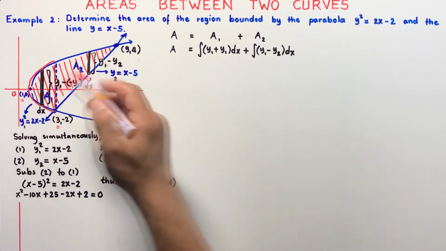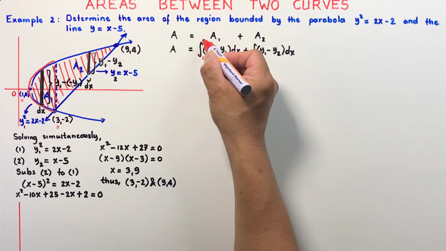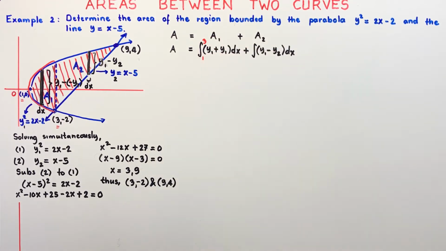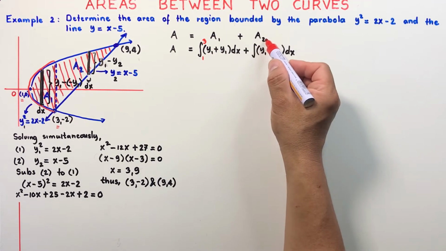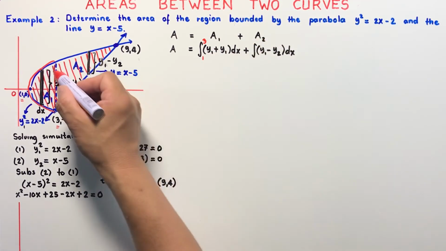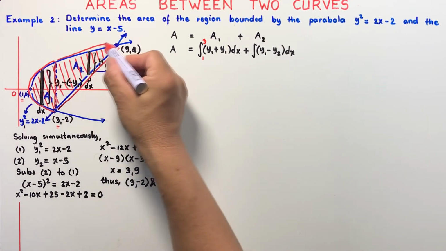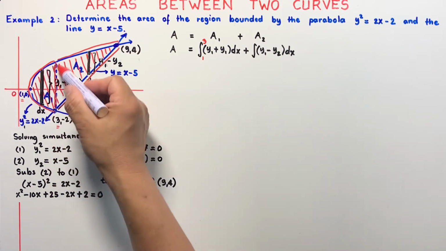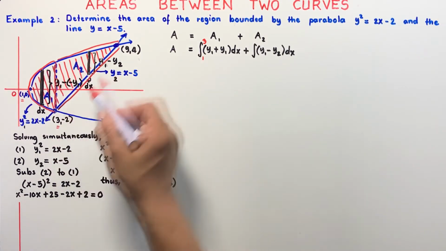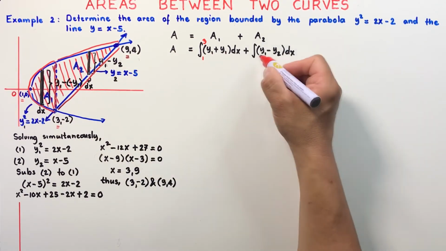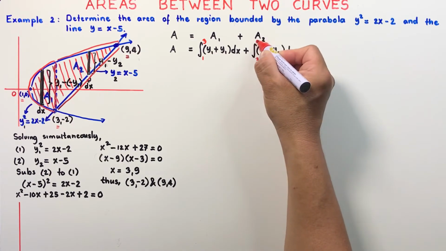So our limits of integration in region 1 is 1 to 3. However, the limits of integration of this region 2, which is this one here, you will be slicing from 3 to 9. So this is from 3 to 9.